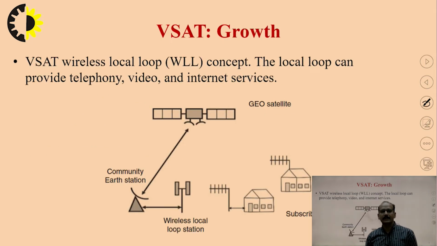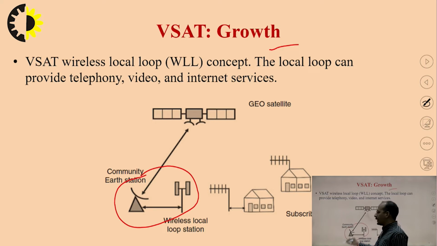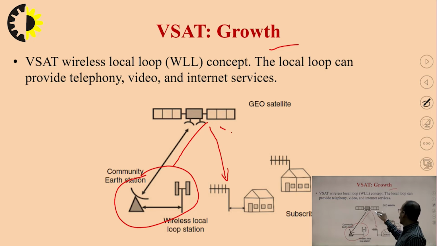So you can see that here we are showing the VSAT growth. The wireless local loop is the starting most example of this VSAT, in which there is a community earth station. That community earth station is located in the city or in the dense area, that is directly in communication with the GEO satellite, and that GEO satellite is giving that data to the remote location by using a WLL portion.